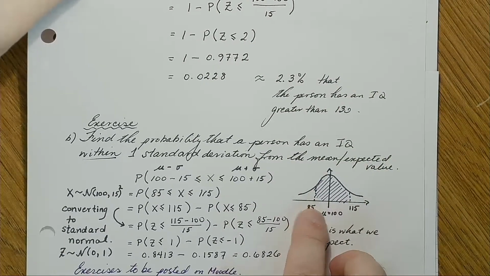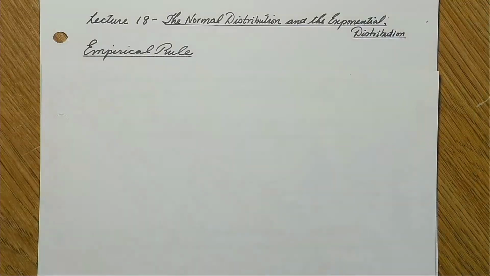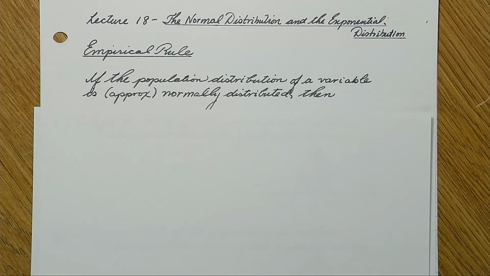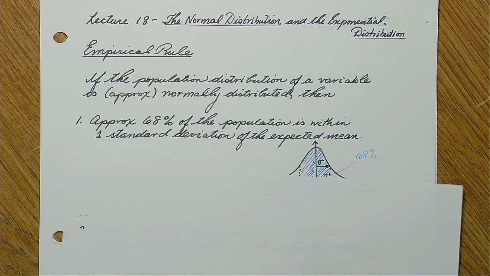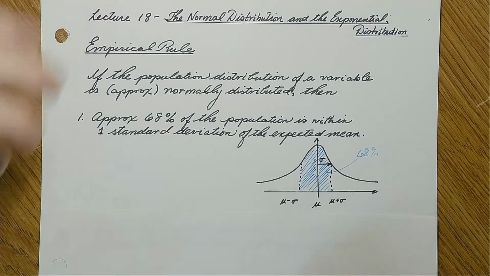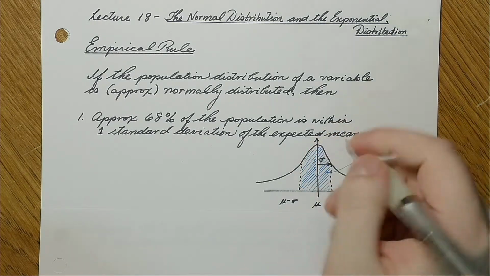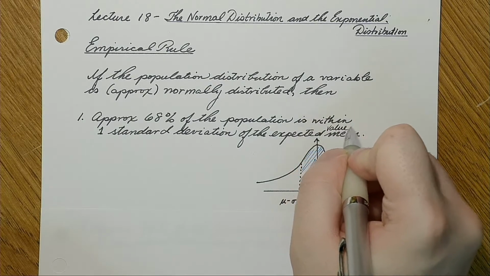Okay, so the empirical rule that we're looking at today, what I was saying before, is that the data between one standard deviation is 68%. So if the population of a variable is approximately normally distributed, then 68% of the population is within one standard deviation of the expected value, the mean.